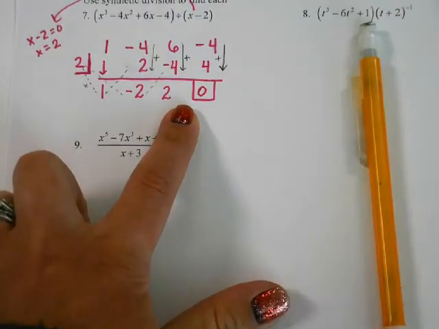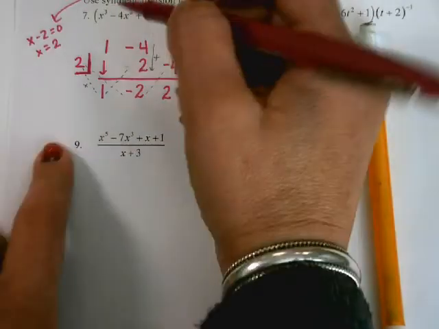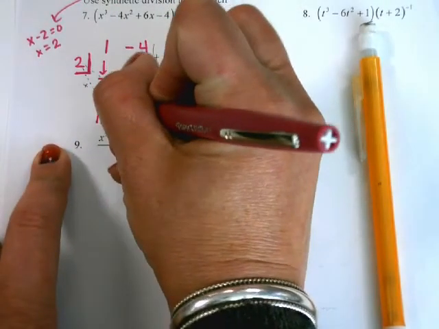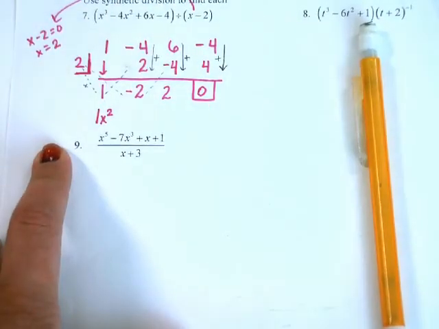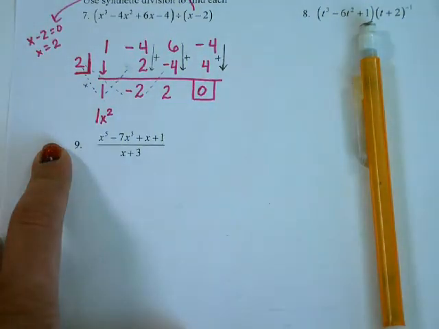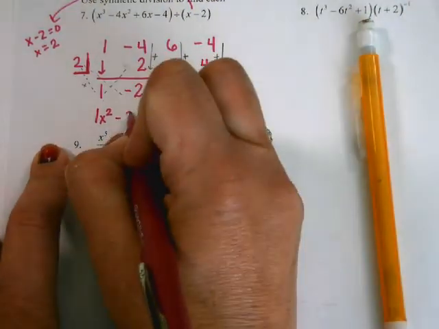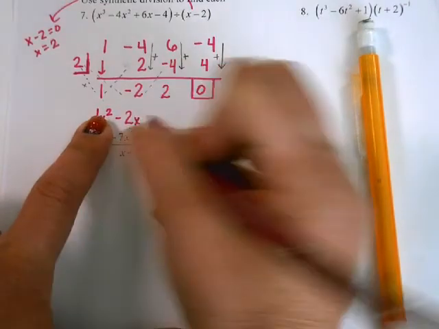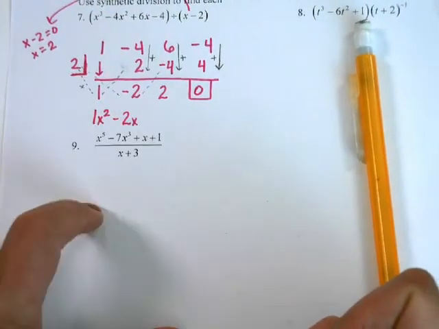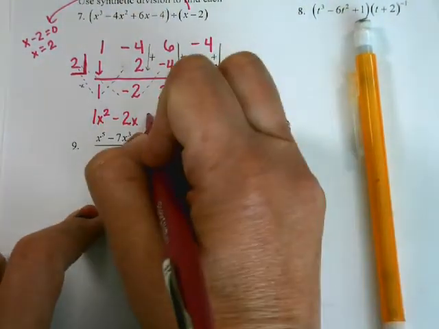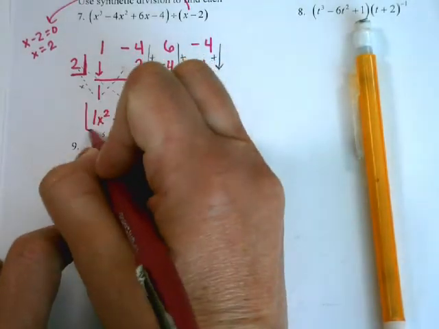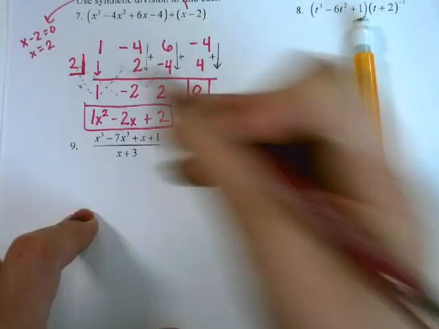So watch what happens. He started out with an x to the 3rd. I'm going to drop 1. I now have x squared. And then I just write my x's in decreasing order. So I get a minus 2, x to the 1st if you want, plus 2. And that's my answer.